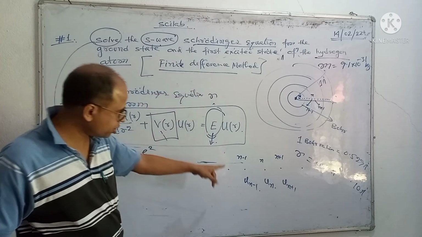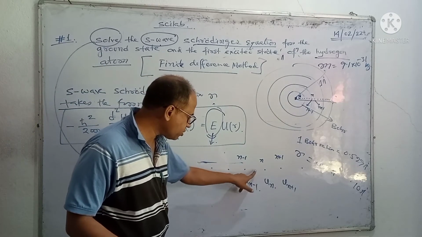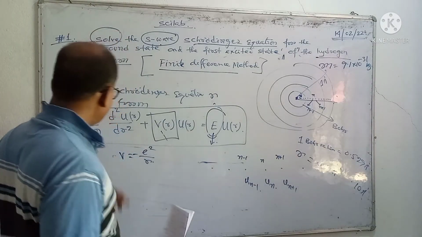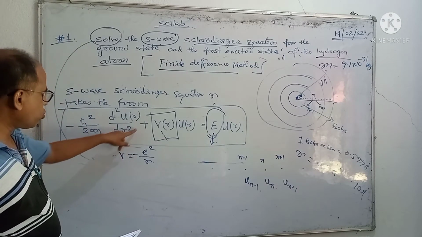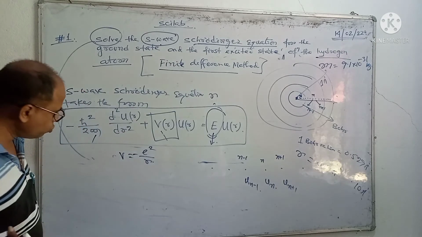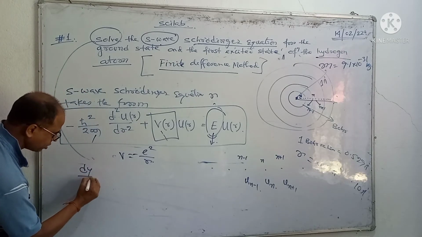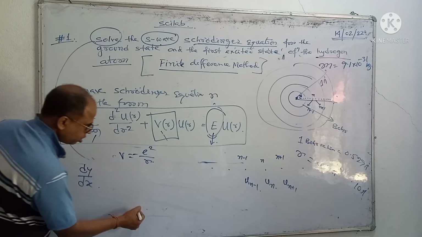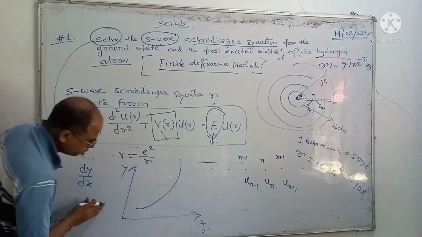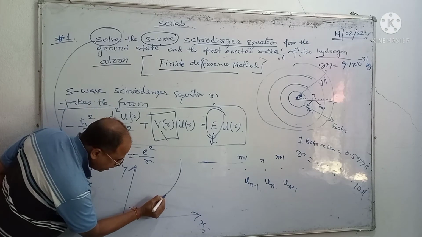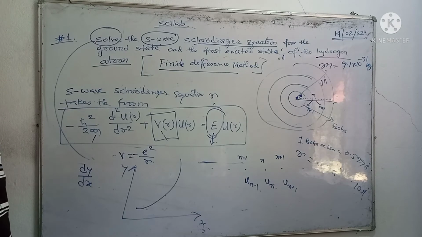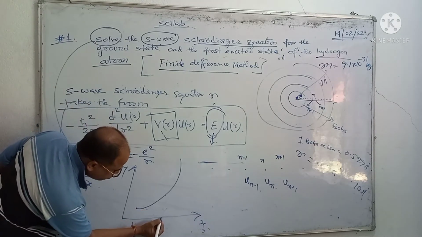Here is the finite difference. This is called finite difference. Now, the computer doesn't know this. Therefore, convert this into the difference method. Okay? Now you know what dy by dx is. Suppose this is your function of x. So you want to calculate dy by dx at a certain point. What are you doing? You are taking 2 points.